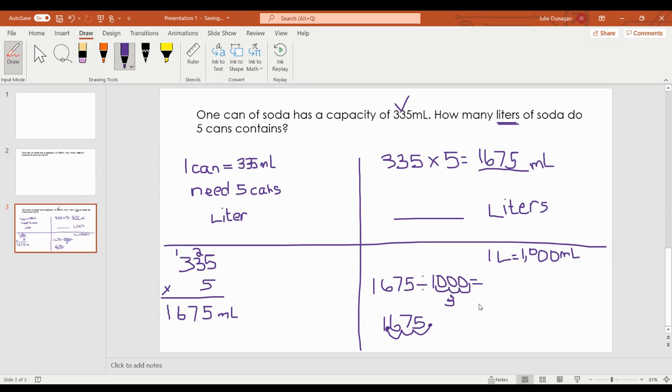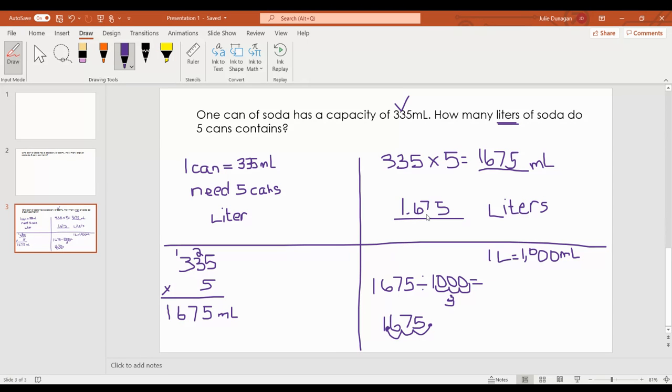Our final answer is we have 1 whole liter, and then we have 675 thousandths of a liter. Okay, so our final answer is 1.675 liters, and we would say that as 1 and 675 thousandths liters.